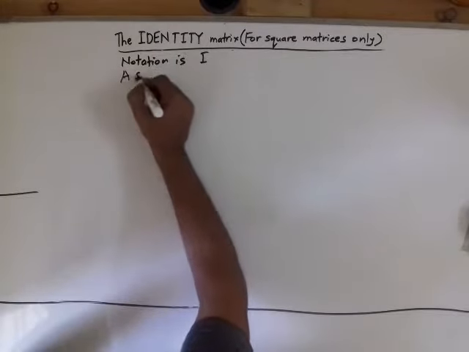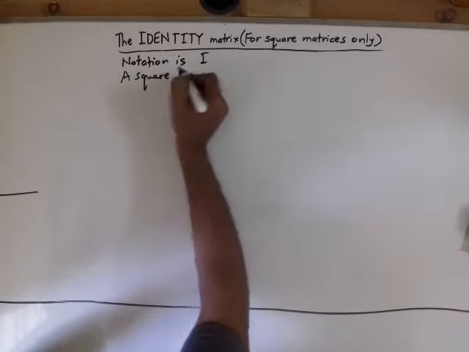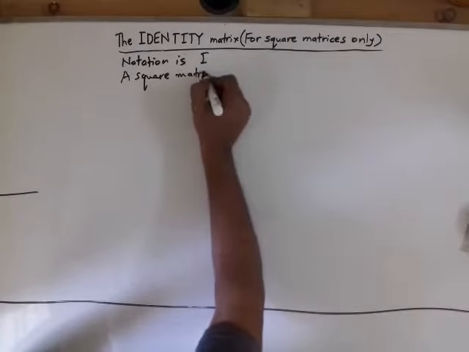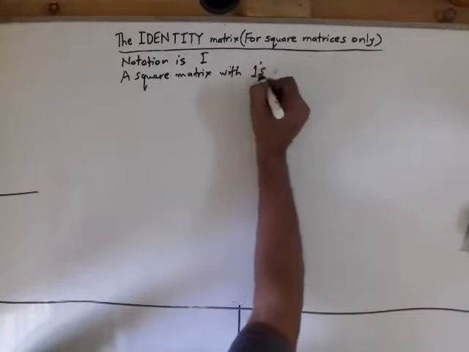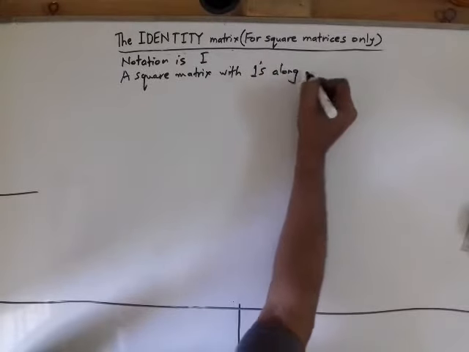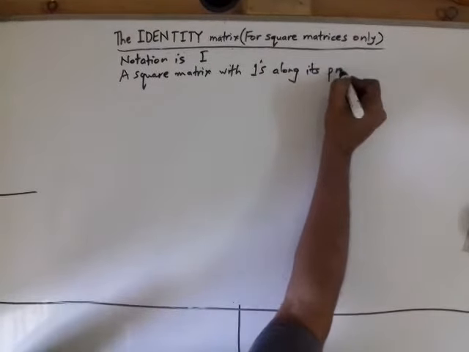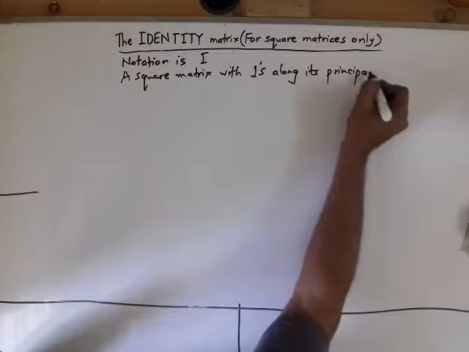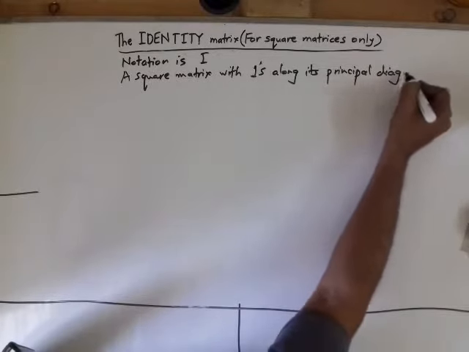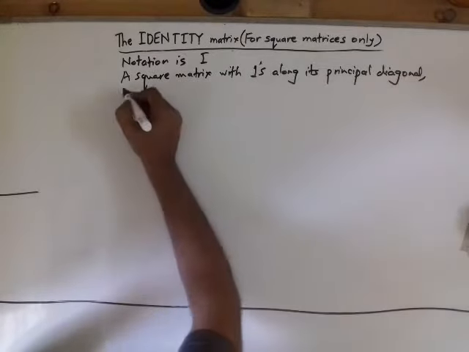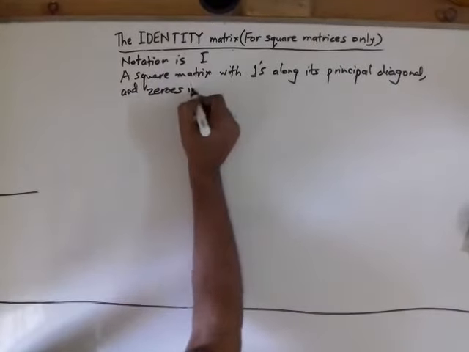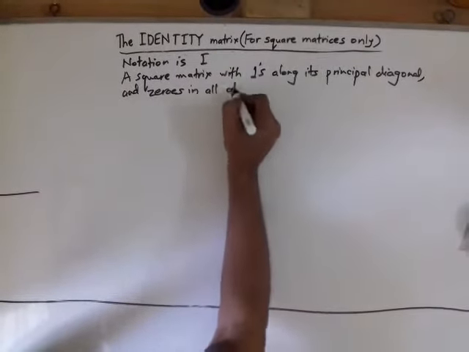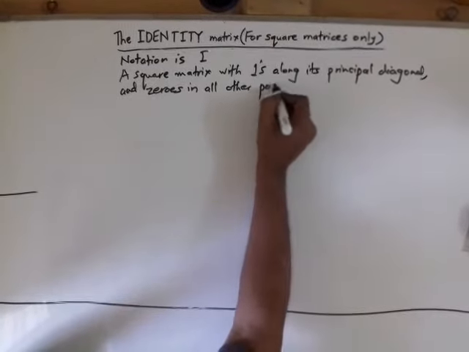A square matrix with ones along its principal diagonal and zeros in all other positions.